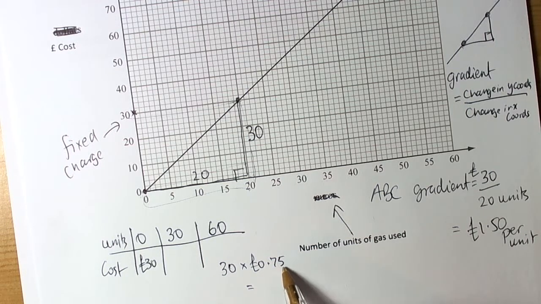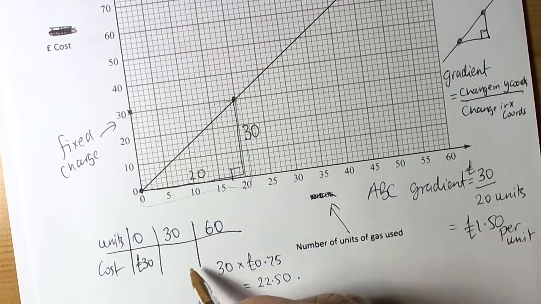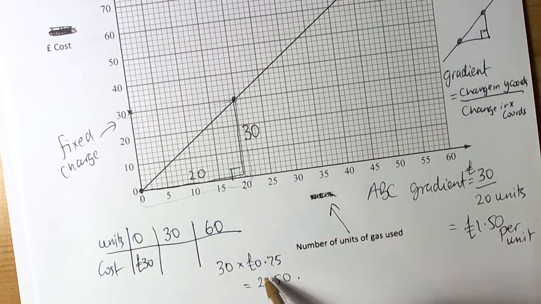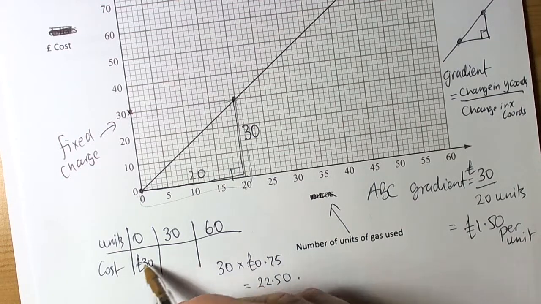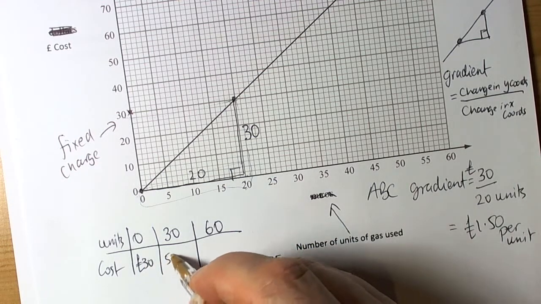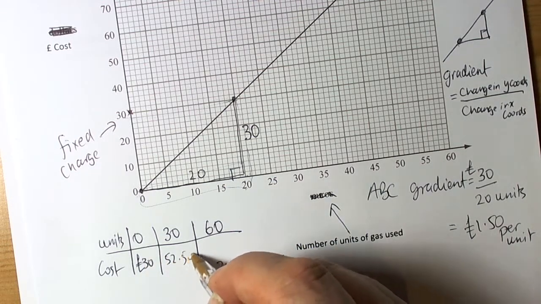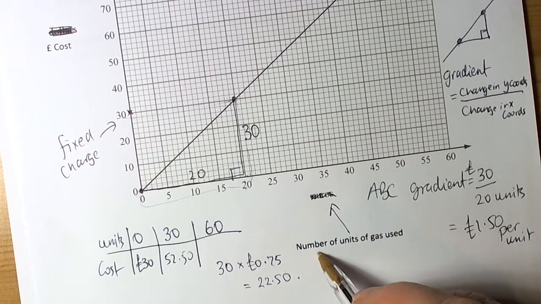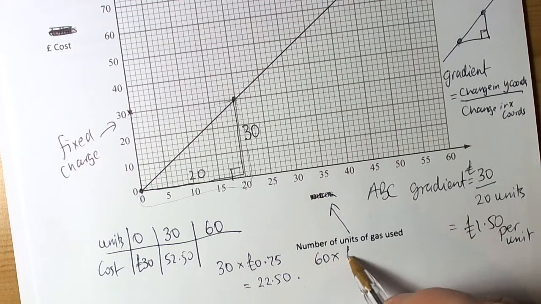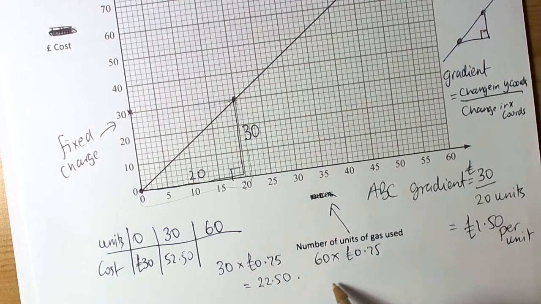Then we've got to add the fixed cost on, because obviously this is beyond the fixed cost, so it's going to be £52.50.